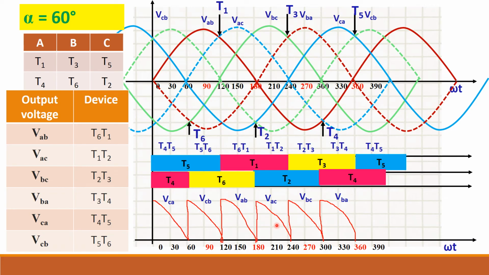If you know how to draw for one, just draw a similar waveform, mark these voltages, and that will be your output waveform. Okay, so this is for motoring mode, any alpha less than 90 degree.